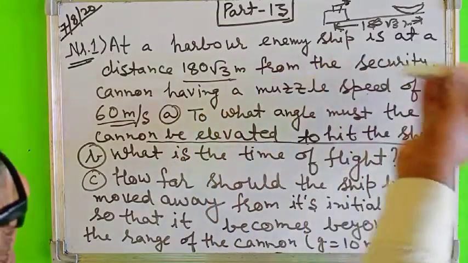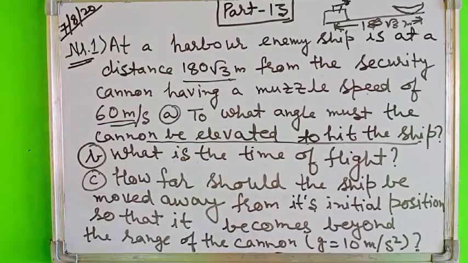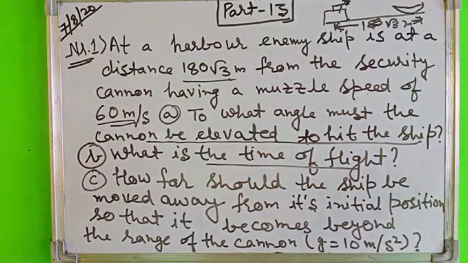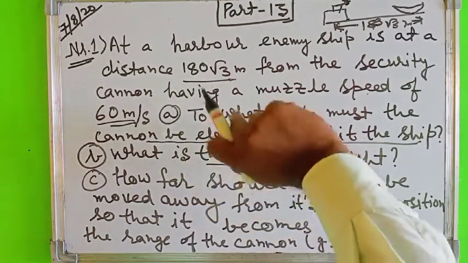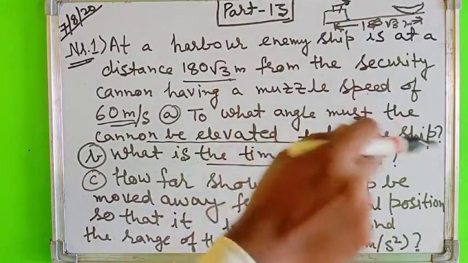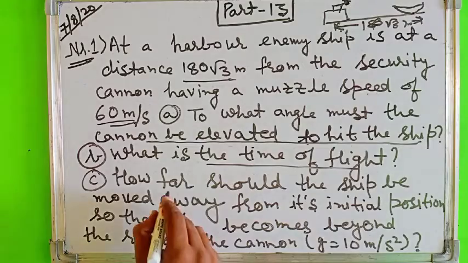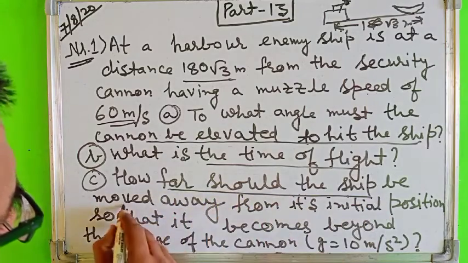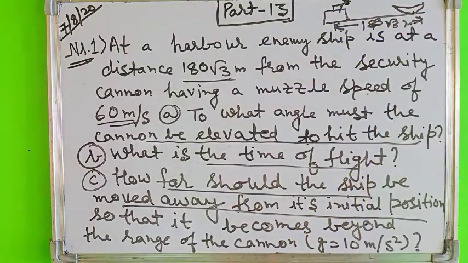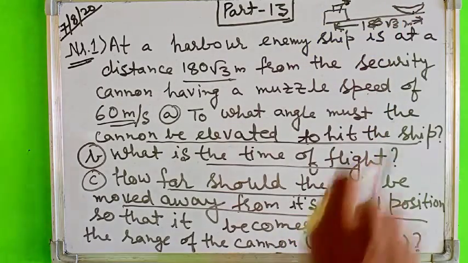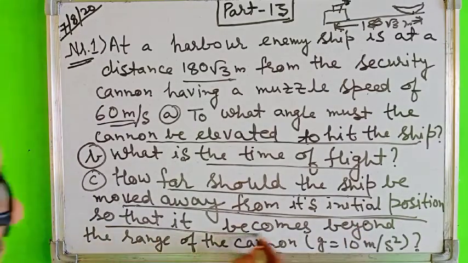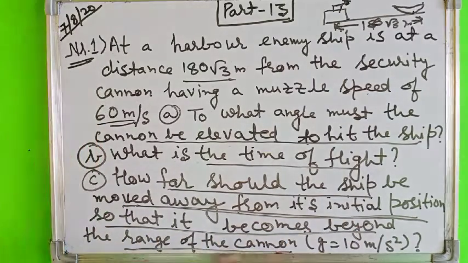Second is the time of flight. What is the time taken by the bullet to go to the ship, that is time of flight. And how far should the ship be moved away from its initial position, so that it becomes beyond the range of the cannon.